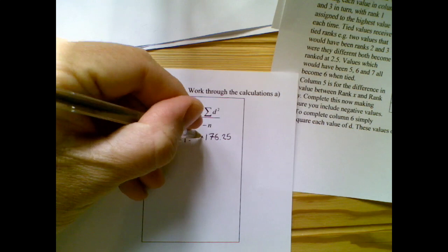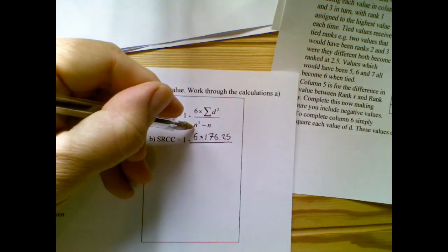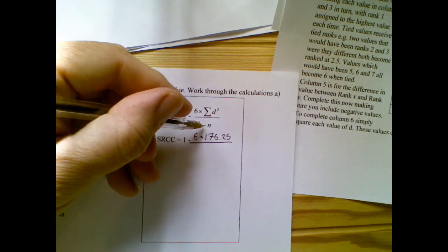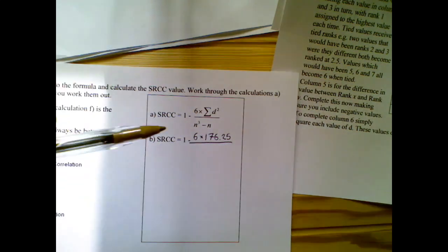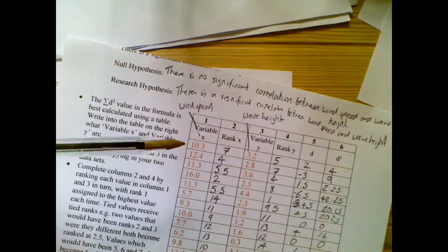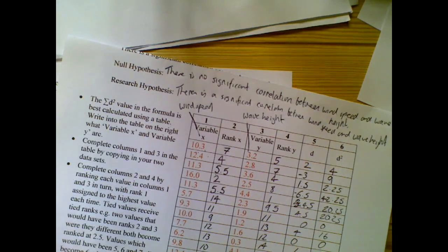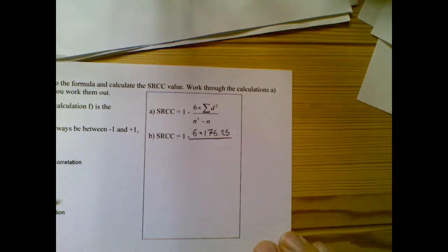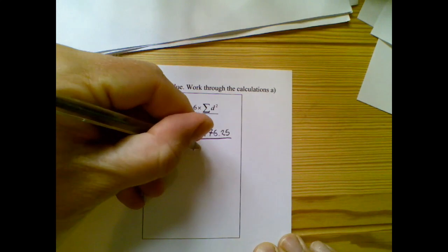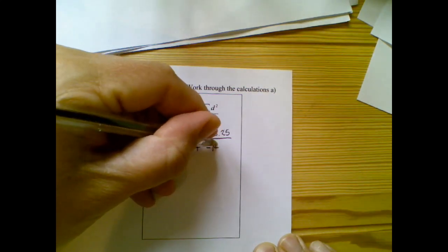We then multiply that by 6, and then we put that over n cubed minus n. Now n is the number of pairs of values, so how many data sets we have. For this example, it's 14. So n equals 14. So 14 cubed minus 14.